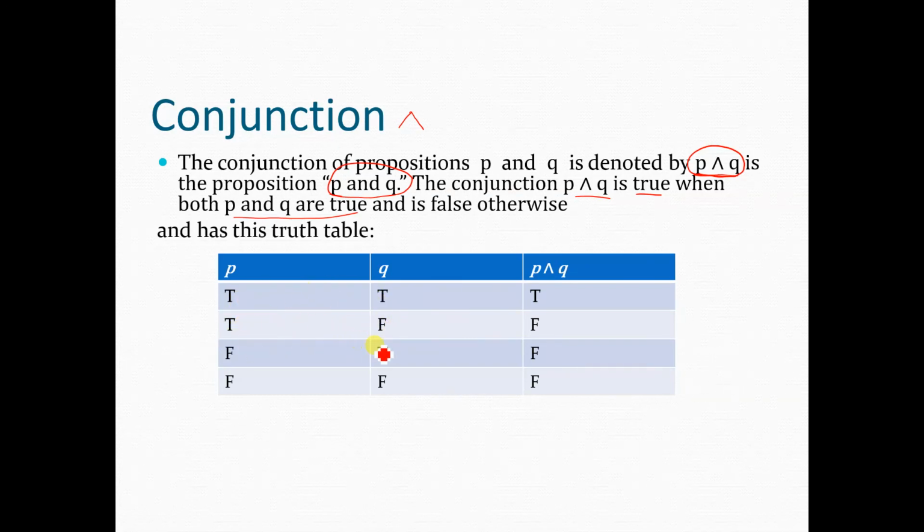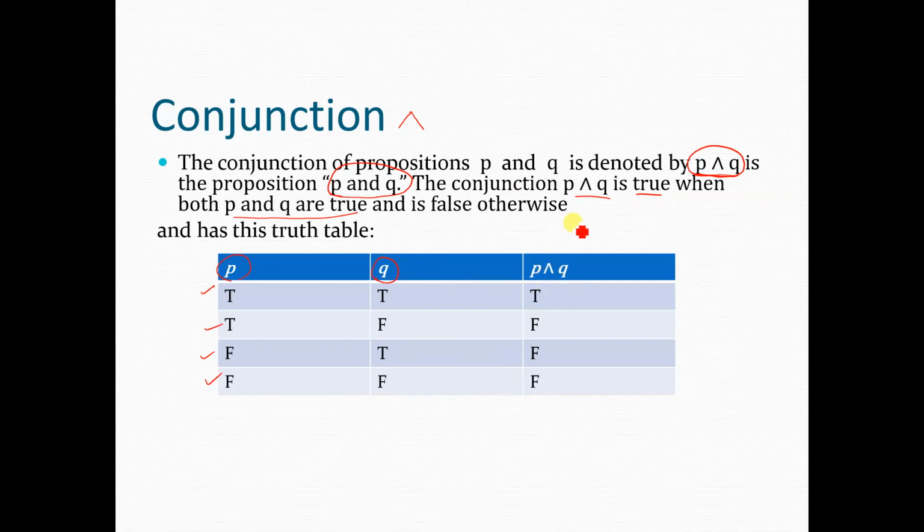If P is false, then Q can be both true and false. So we have 4 rows to make this table. We have 2 variables and 4 rows. In the previous slide for negation, we had 1 variable and 2 rows. So just keep this pattern in mind. We'll generalize this at the end of the session.